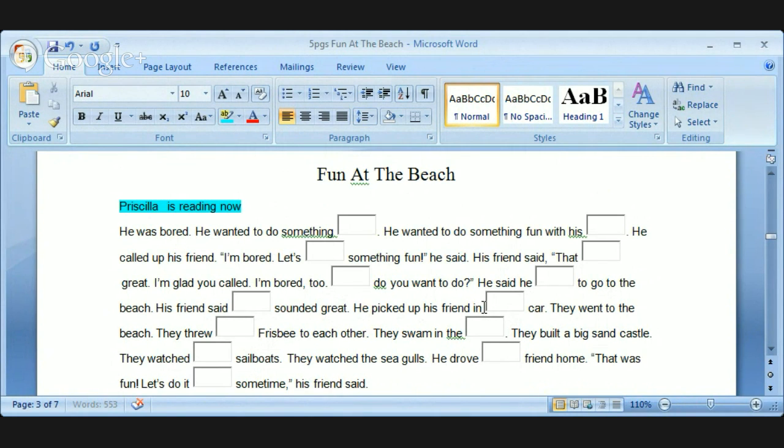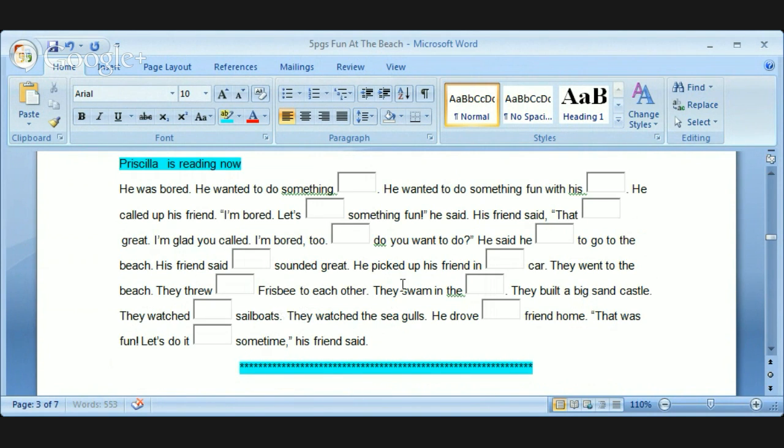He picked up his friend in his house car. They went to the beach. They threw on a coat, frisbee to each other. They swam in the moon. They built a big sand castle. They watched played sailboats. They watched the seagulls. He drove him friend home. That was fun. Let's it tomorrow sometime, his friend said.